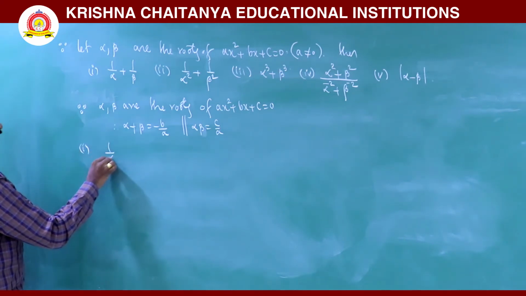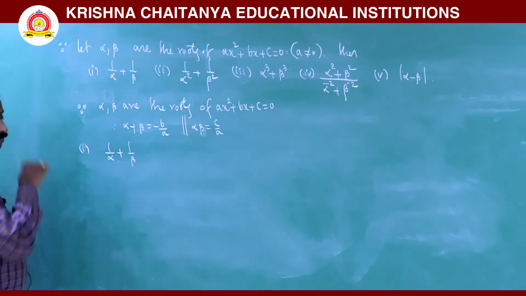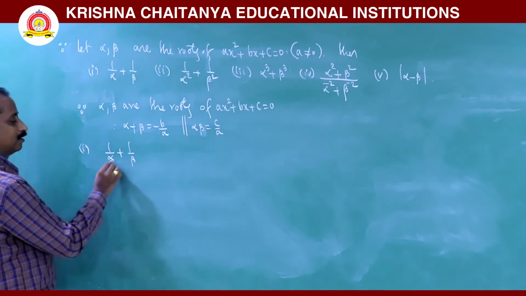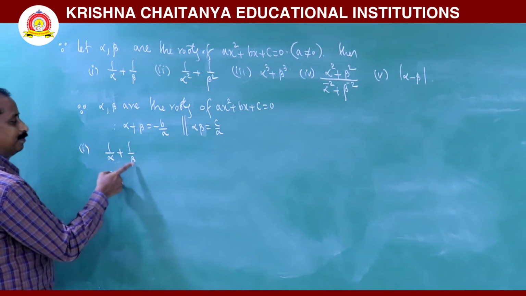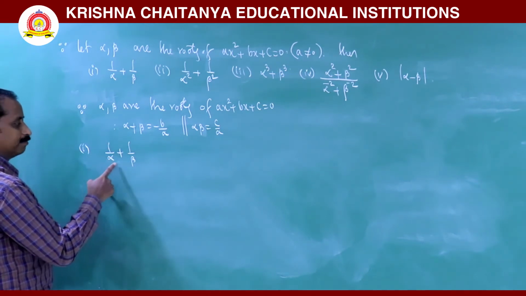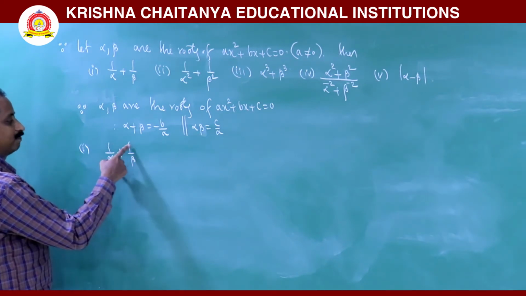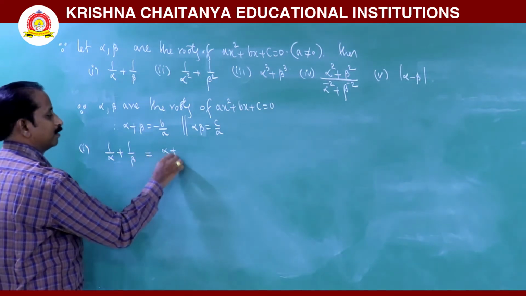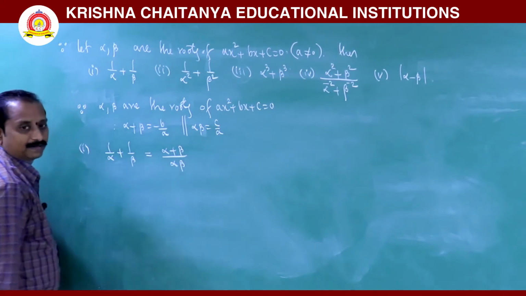Nothing but 1 by alpha plus 1 by beta. So what is 1 by alpha plus 1 by beta? LCM should be alpha beta. After taking LCM, it becomes beta plus alpha divided by alpha beta. So beta plus alpha by alpha beta, I can write alpha plus beta divided by alpha into beta.